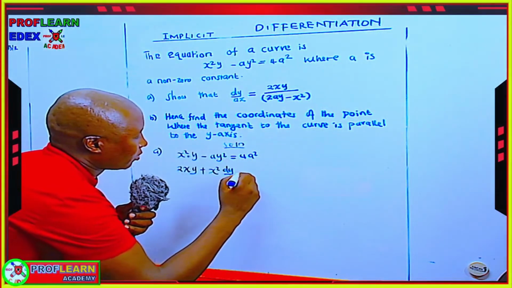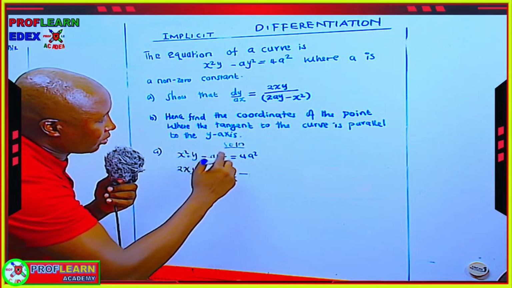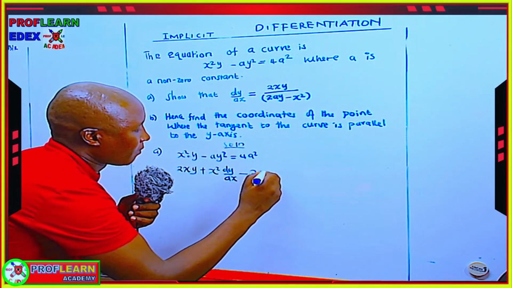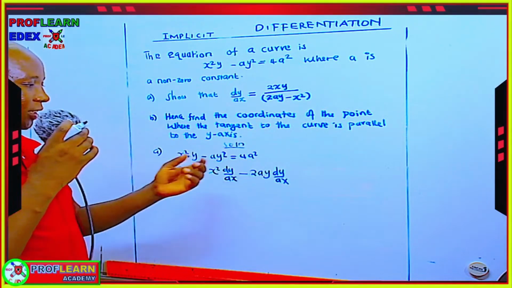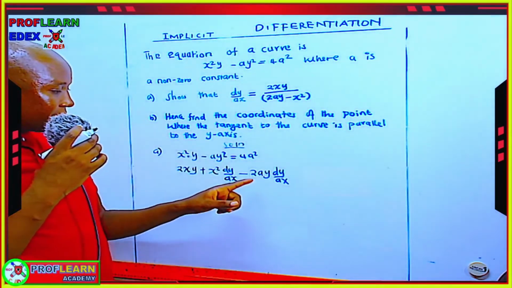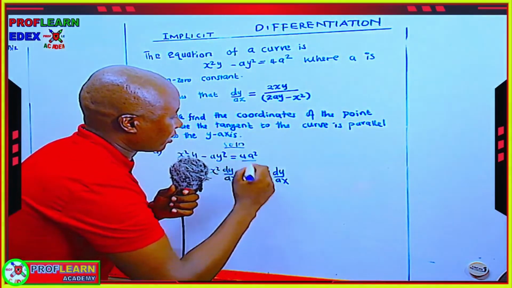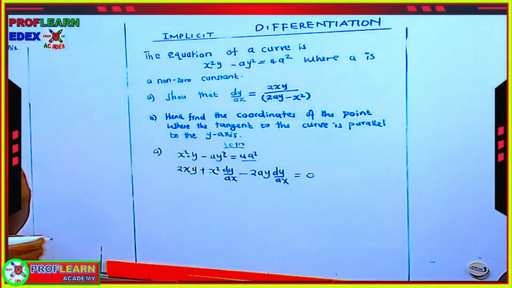And this one we're going to say minus. Of course, differentiating this, we're going to have the 2 going down, so it will be 2a y. Anytime you are differentiating y, you must include the dy dx, and this is a constant, so it's going to become 0 at that point.